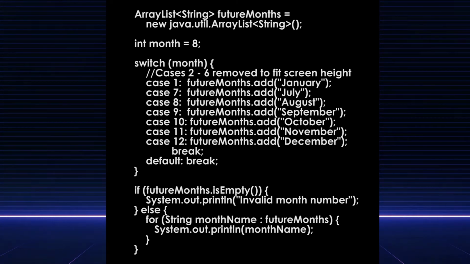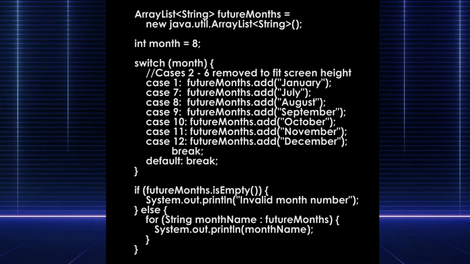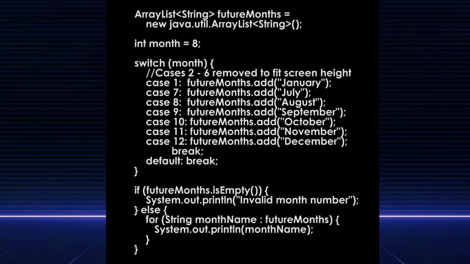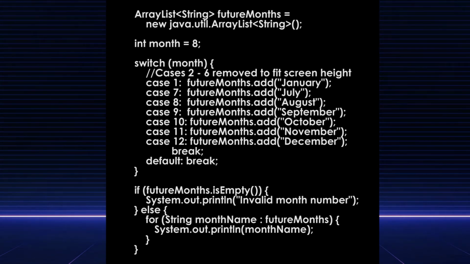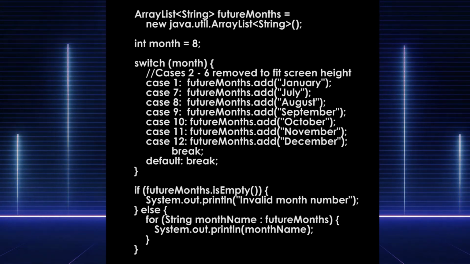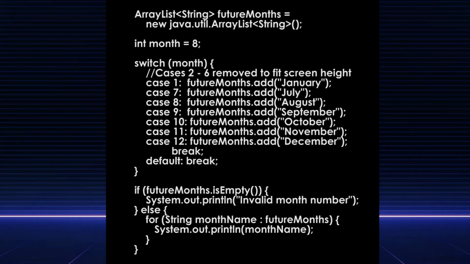And we can elaborate on list and what we're doing here, but just for simplicity, let's just walk the rest of this example out. So you can iterate through that future months list and start printing the names to the screen. And then what you would have seen is that you would have August, September, October, November, and December.